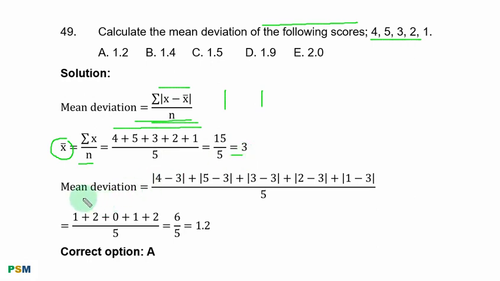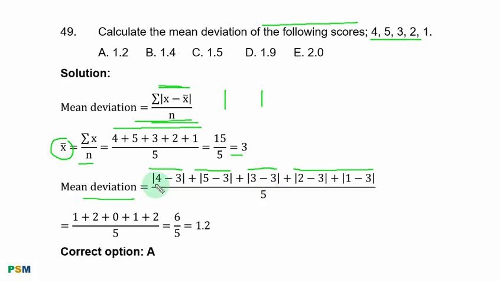Therefore, mean deviation is equal to, you come here, the first S is 4 minus the mean 3 in this form, plus the second S 5 minus the mean, plus the third S 3 minus the mean, and so on over 5.